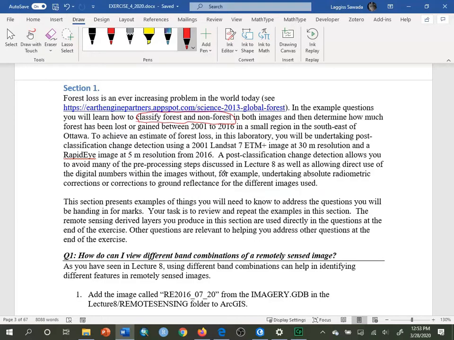So it's approximately a 15-year period we'll be looking at here, 2001 to 2016. And it's a small region in the southeast of Ottawa.